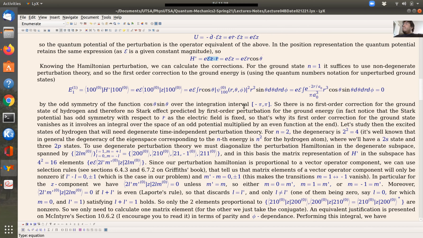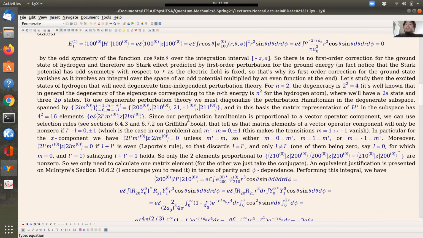In fact, as I mentioned, what McIntyre does is, in principle, pose the matrix with 16 elements and then give parity arguments to show why most of them vanish without actually invoking a theorem. So the procedure is equivalent in that way.